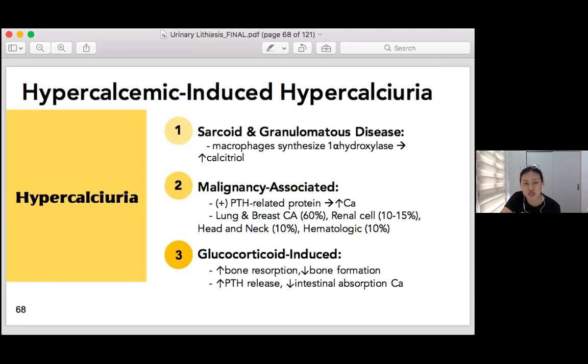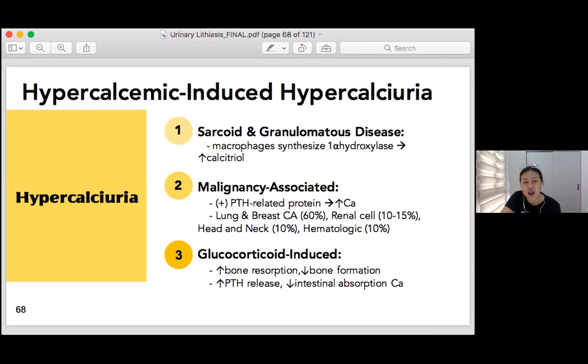First, from sarcoid or granulomatous disease. Macrophages in the sarcoid granuloma would synthesize 1-alpha hydroxylase, and therefore, since it produces calcitriol, would increase calcitriol and enhance the absorption of calcium and promote bone resorption. Malignancy-associated hypercalcemia is actually the most common cause of hypercalcemia in hospitalized patients.